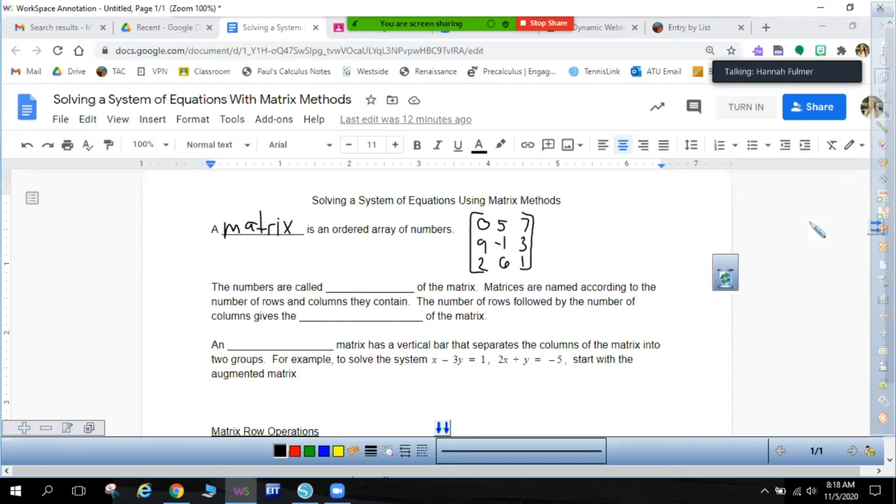Okay, here's an example of a matrix. A matrix could have anywhere from just one number up to an infinite amount of numbers in it.